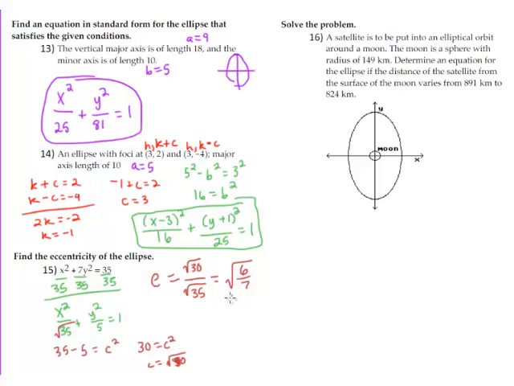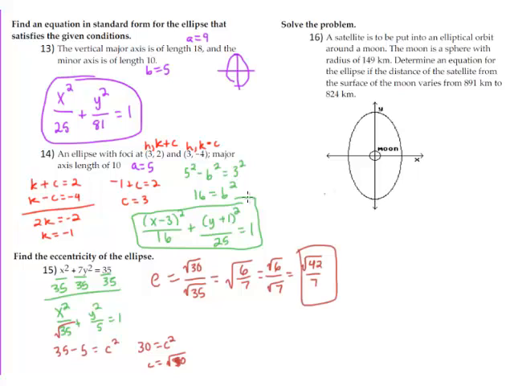And you could rationalize, or you could find a decimal. That would give you square root of 42 over 7, and then you could do nothing more with that.